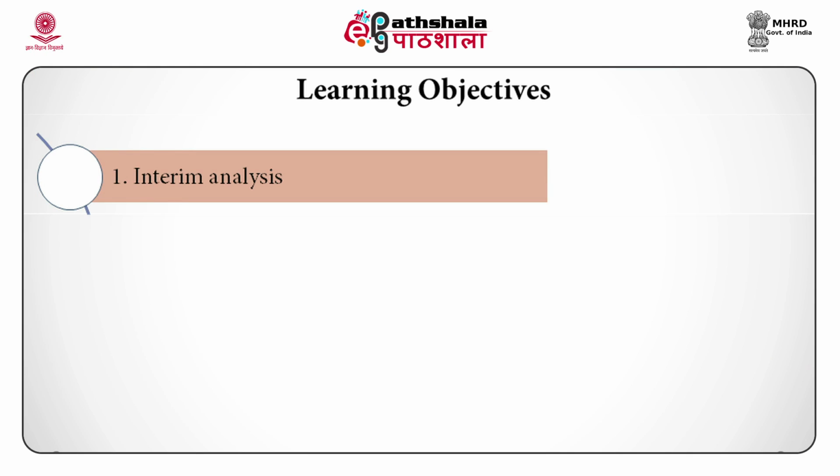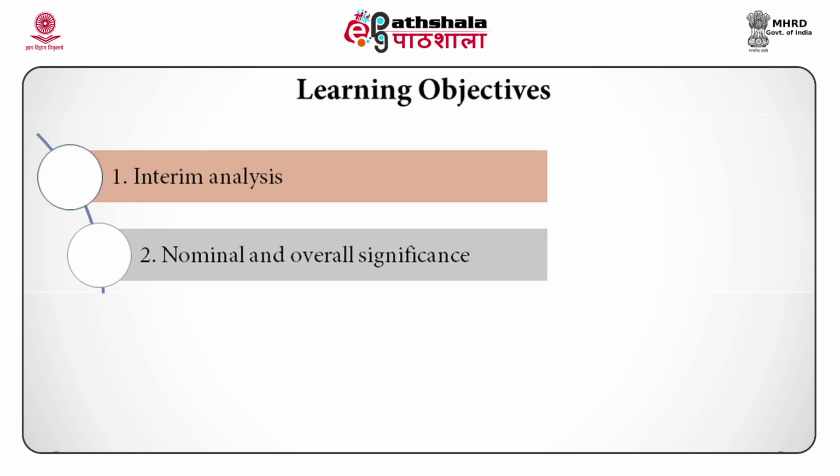Learning objectives for this module. We shall first define the concept of an interim analysis and also look at its importance and the effect it has on the statistical properties of a trial. We shall distinguish between the nominal and the overall levels of significance.